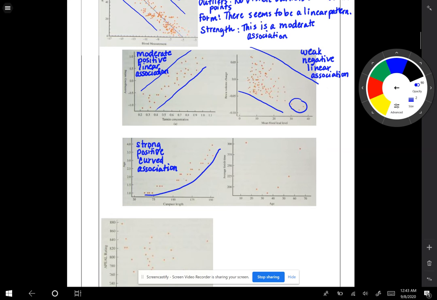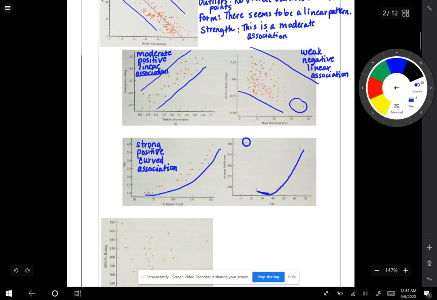Okay, and then the next one. Do we go down first and then up, or do you look at the general pattern of the other points? So here you can see a pretty good curve. But then you have something out here. I would call this an outlier because it's far above or below any of the other points.